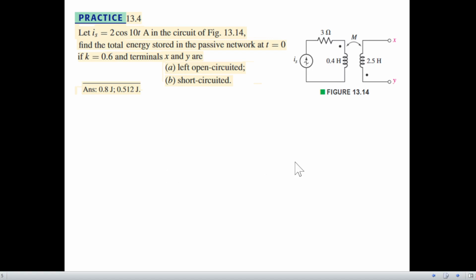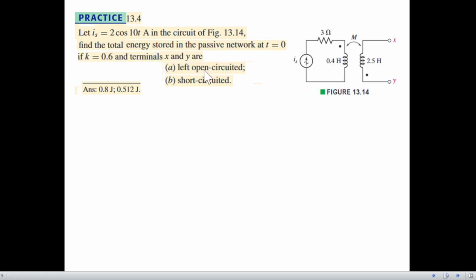This is the question. The circuit given is shown here. Current source Is is 2 cos 10t ampere, and we have to find the total energy stored in the passive network at t equal to 0, and the value of k is given as 0.6.